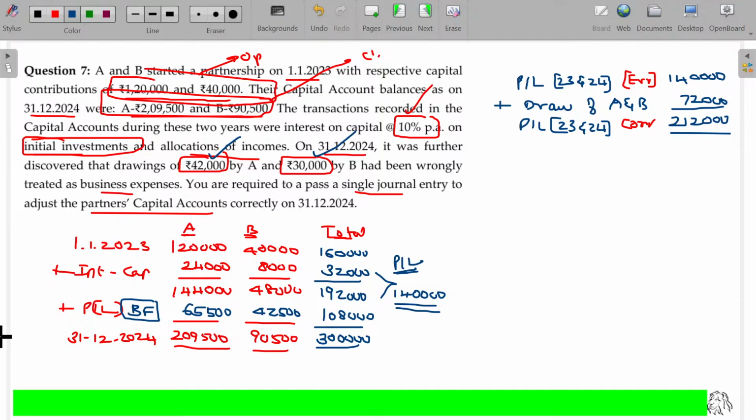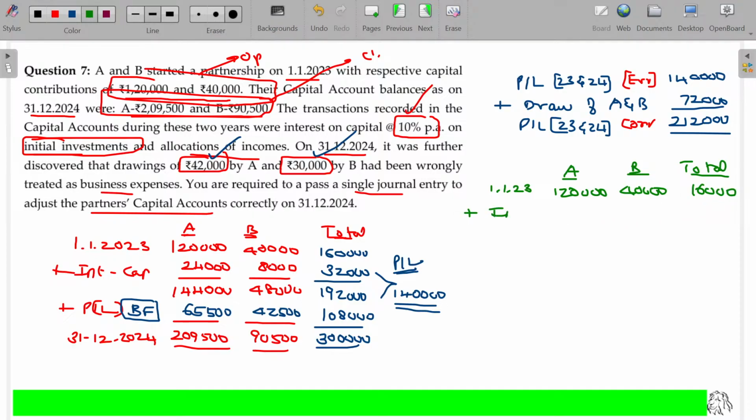Now, appropriate this one to the partners. So, for the appropriation, right, 1/1/23, A, B and total. What about their capital? 1,20,000, 40,000, 1,60,000.